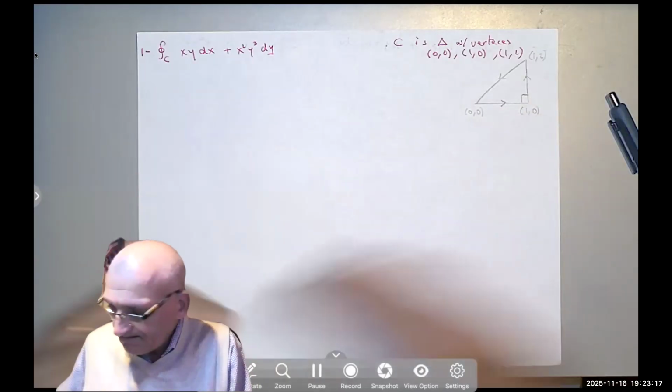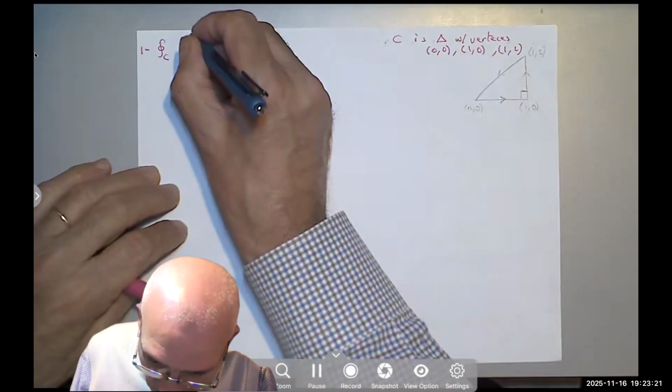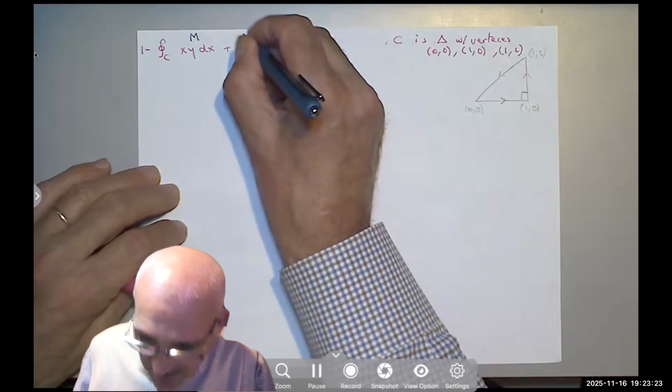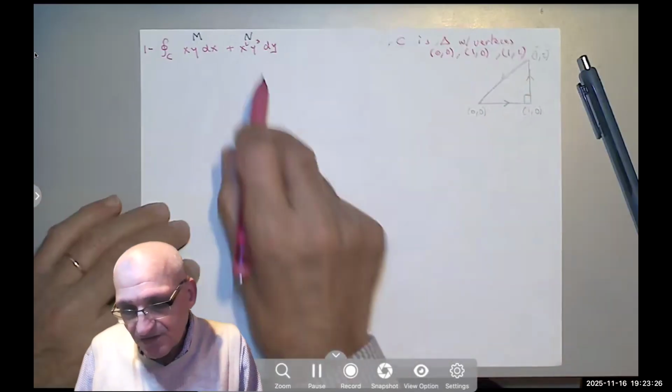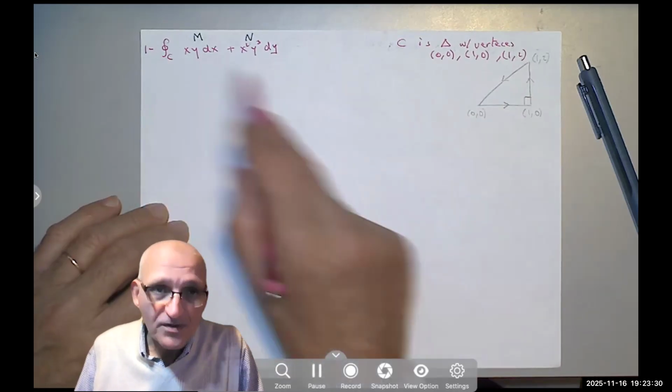Otherwise, okay, so now we are going to say, here is M and here is N. Remember, we take the derivative of N with respect to x minus derivative of M with respect to y.